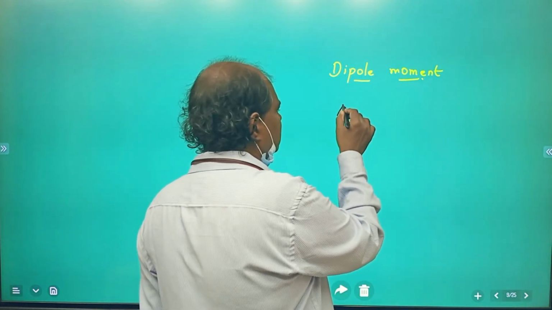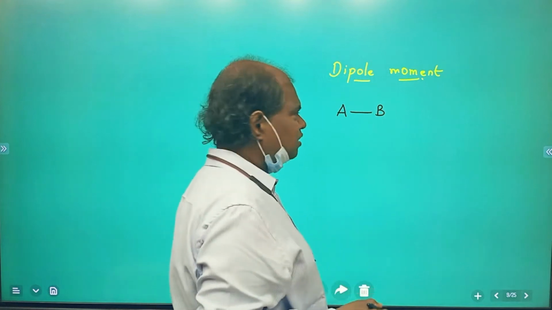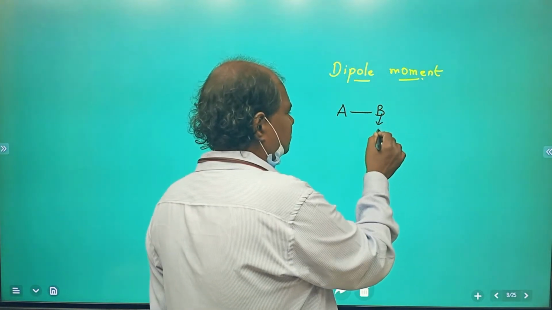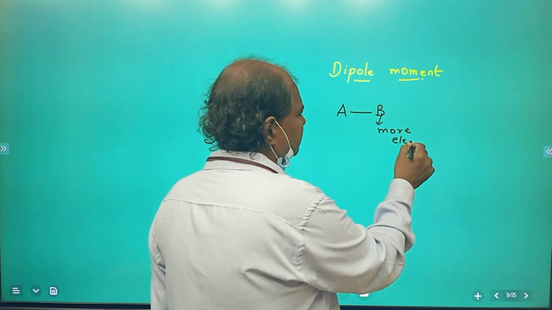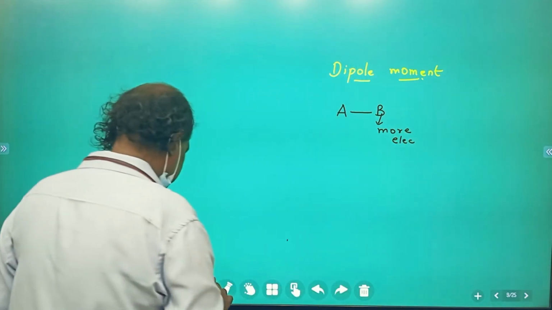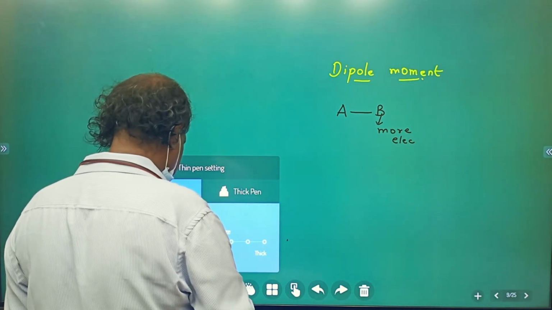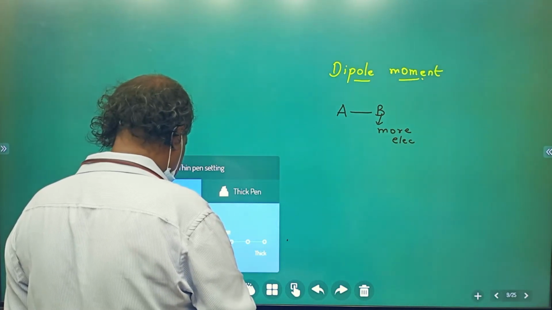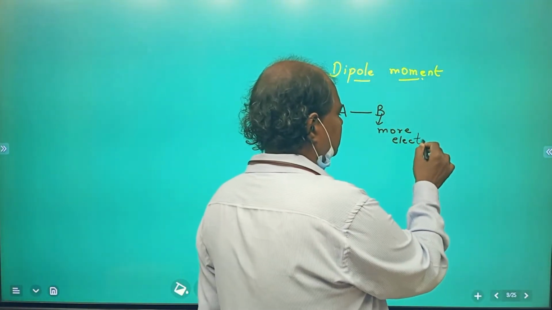Suppose there is a molecule AB, right? B is more electronegative.